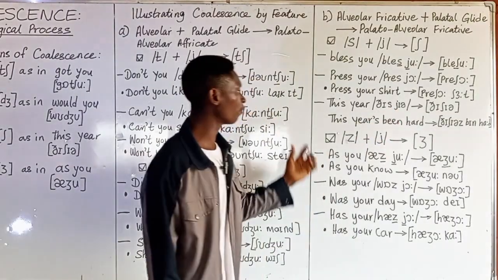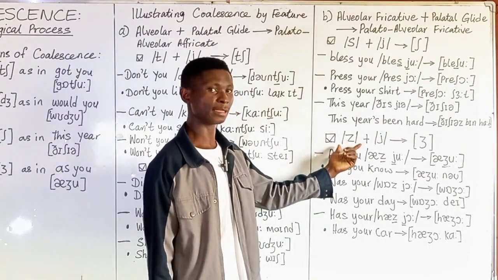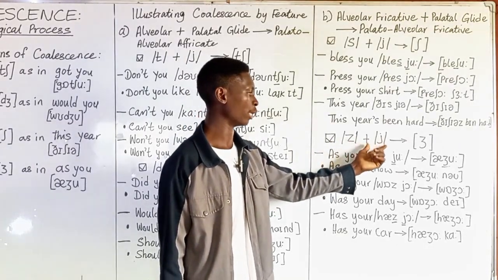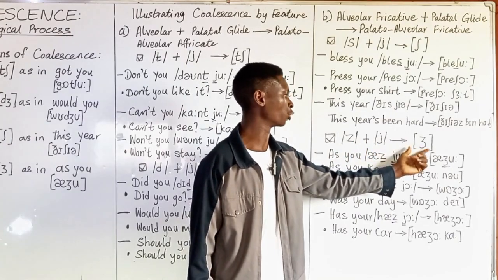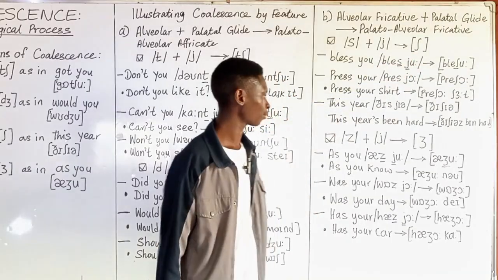Again, we have the voiced form of the alveolar fricative sound, that is z. When z is combined with y, we have the zh sound, the voiced form of the sh sound.